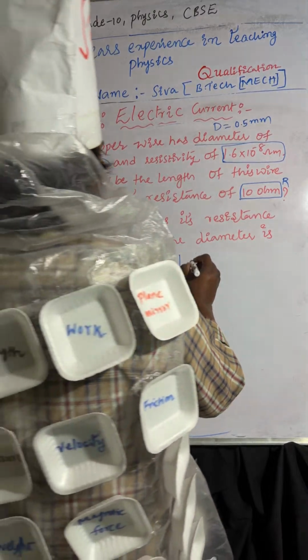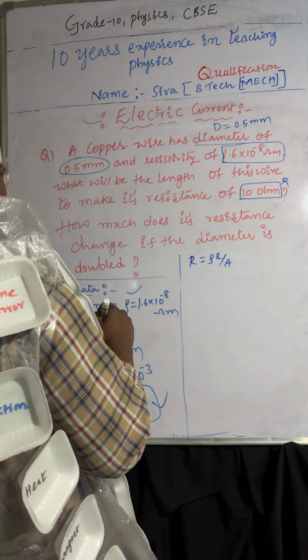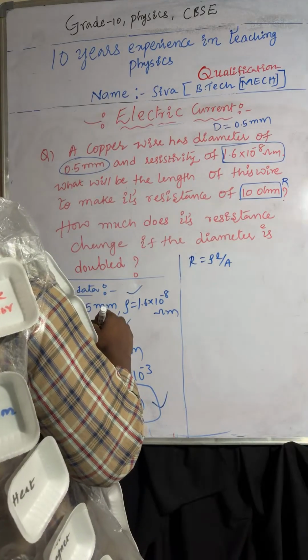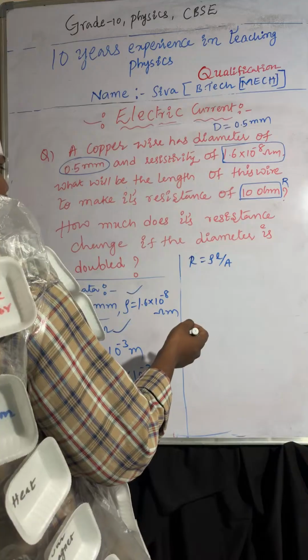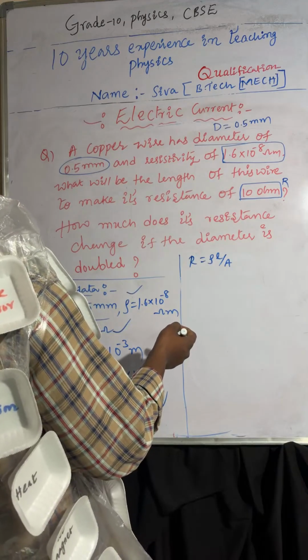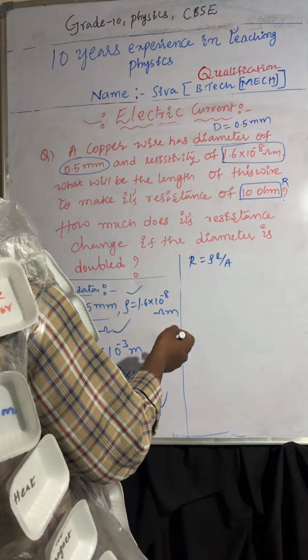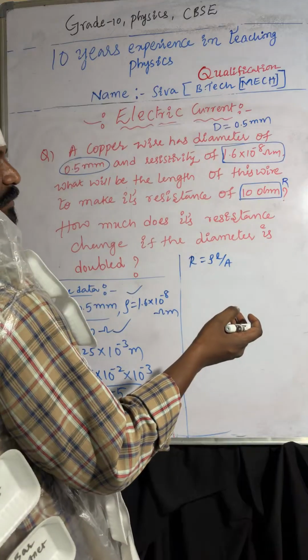Now formula is R equal to rho into L by A. R equal to rho into L by A. So we have to find out, first we have to find out length. Resistivity is given, resistance is given.